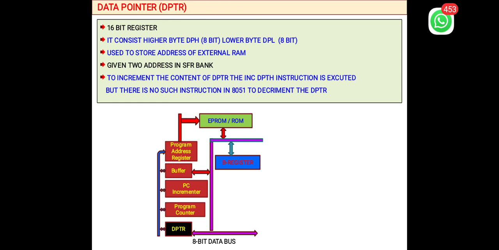It is given 2 addresses in the SFR, the special function register bank. With the 16-bit DPTR, a maximum of 64K of off-chip data memory and a maximum of 64K of off-chip program memory can be addressed with the help of DPTR.